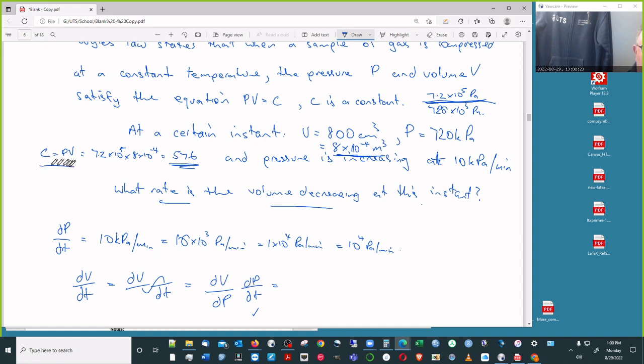We've got to rearrange this equation. So we've got to make P the subject, then we can do, oops, maybe it's the other way around. Maybe it's V equals, which one is it? dV dP, so we've got to do it this way. Now if we do the differential of this, we'll have dV dP, which is the one that's missing.